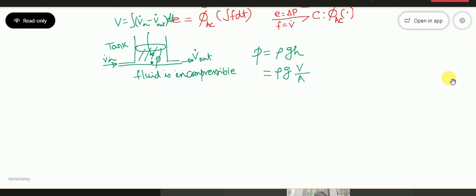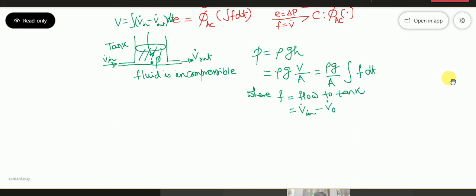So we have rho g by area times the integration of f dt, where f is V dot in minus V dot out.